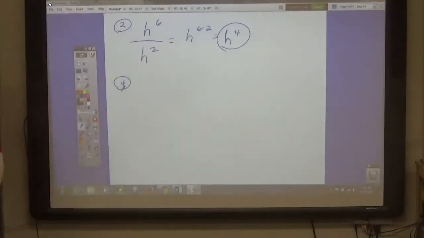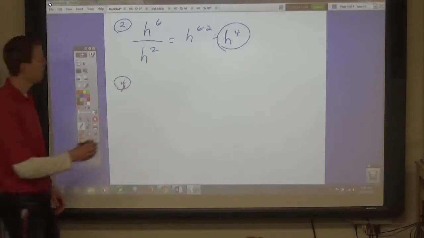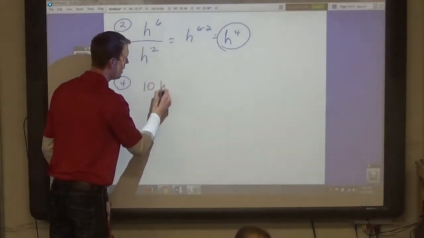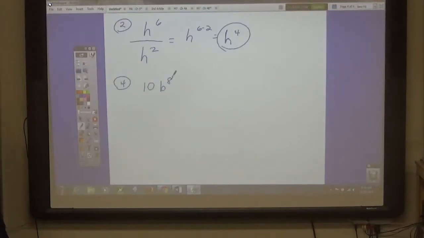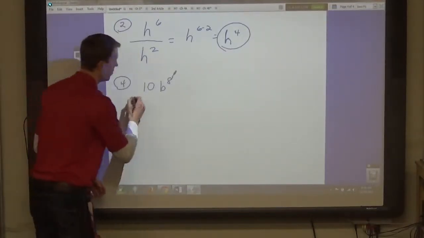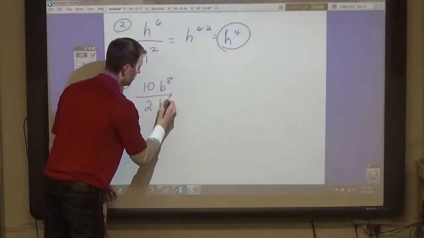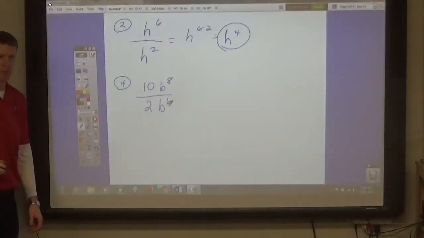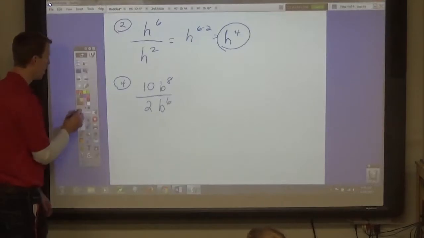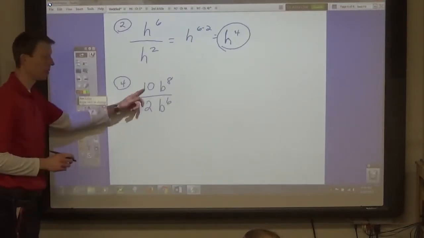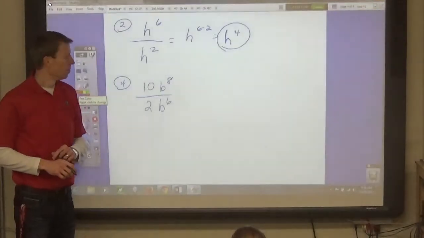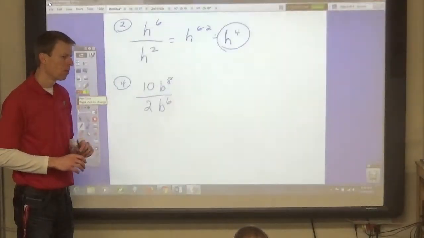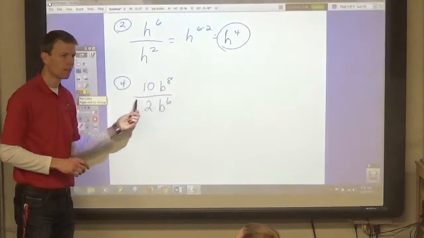Number 4. 10b to the 8th power over 2b to the 6th power. Okay? So, how would we simplify the numbers? Does this mean subtraction?